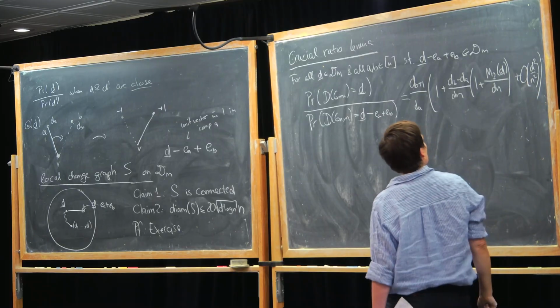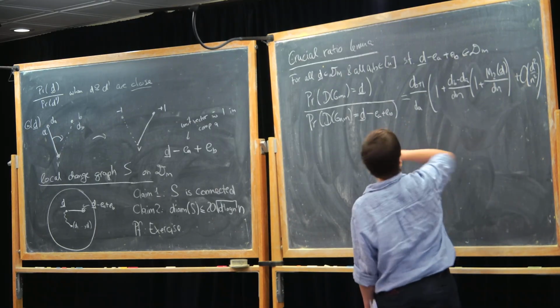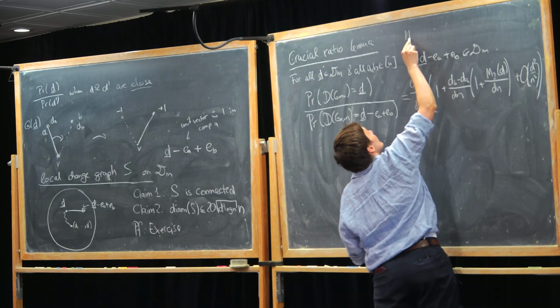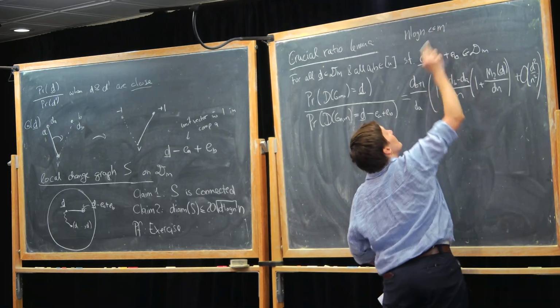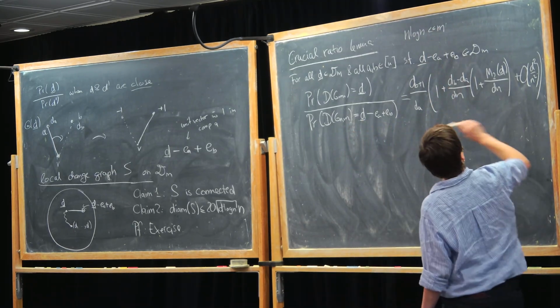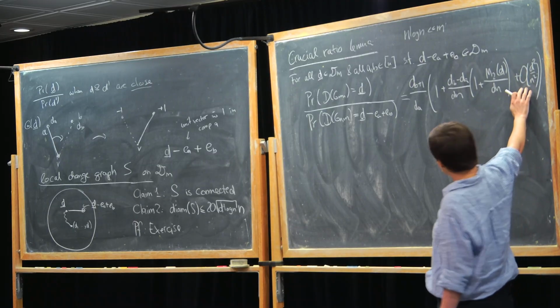And this is true. What am I using? Well, I'm using the concentration lemma. So let's say that N log N is comfortably below M, and no upper bound. But what is the point about this D squared over N squared?